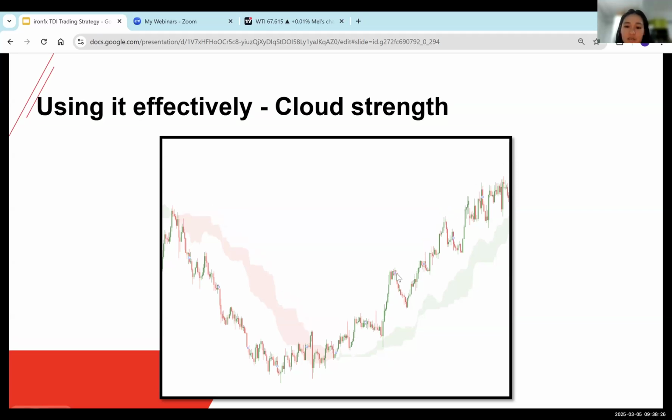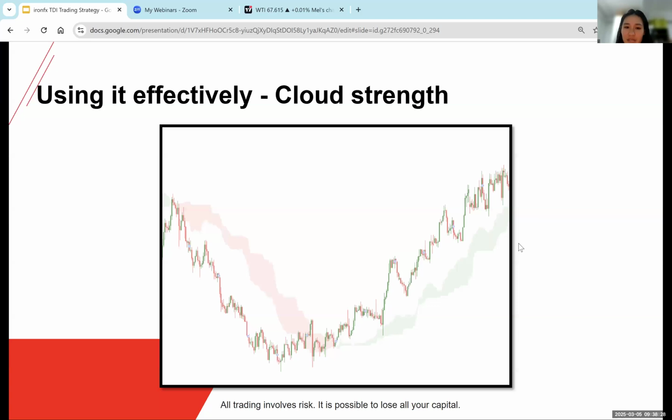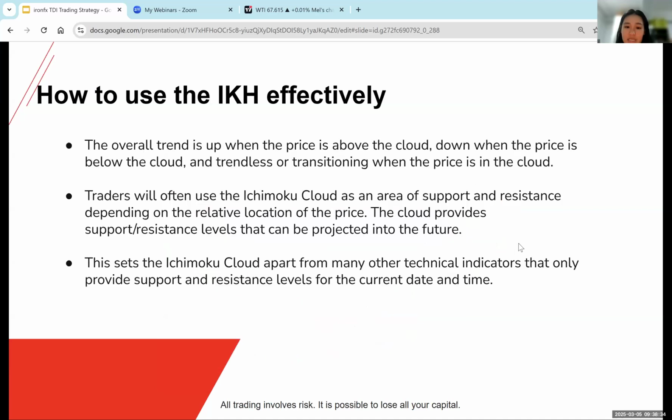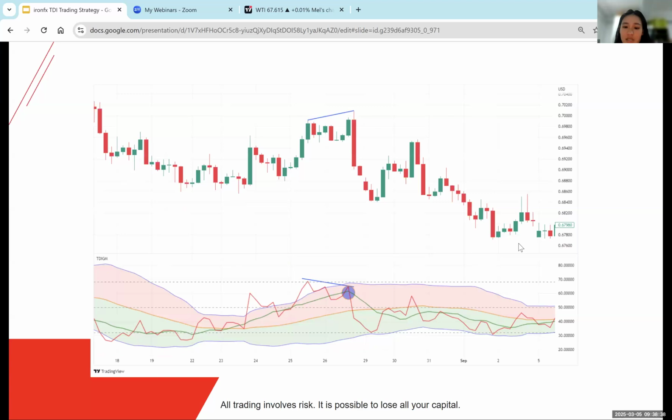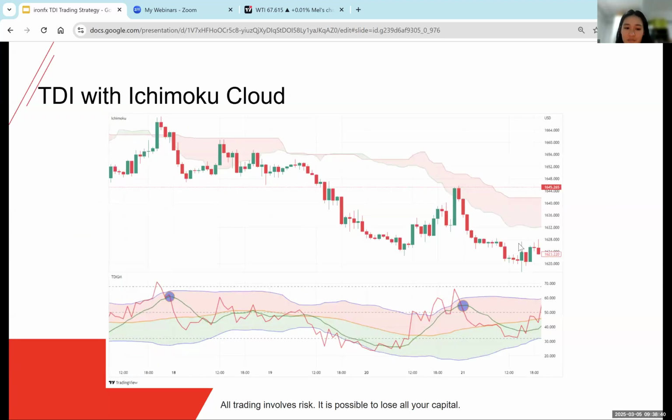So it's a lot easier to understand, I think. And it's also the most effective way to use Ichimoku. So this combined with our TDI, you can see it's quite effective. So it tells you the trend from the Ichimoku cloud, and then from TDI, it tells you where potential reversals might occur.